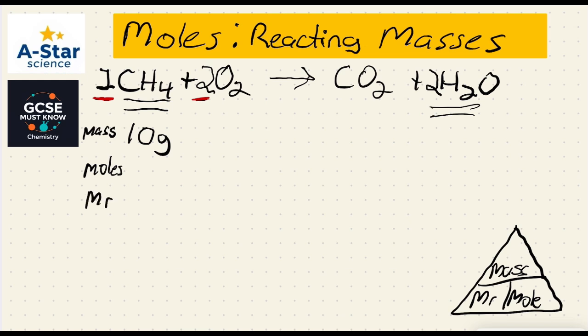Well, the MR of methane is 12 for carbon plus 4 for hydrogen because it's 1 times 4, and that's going to equal 16.